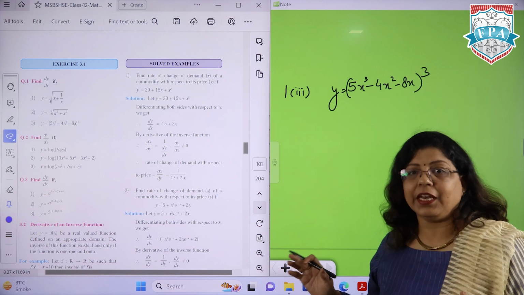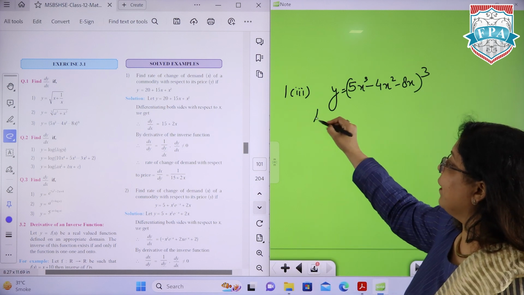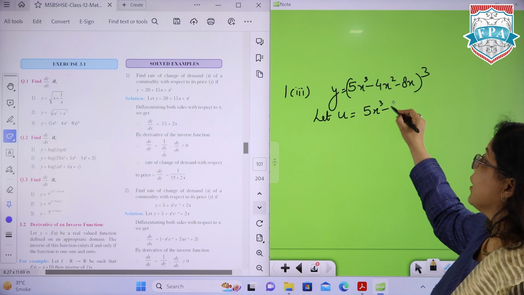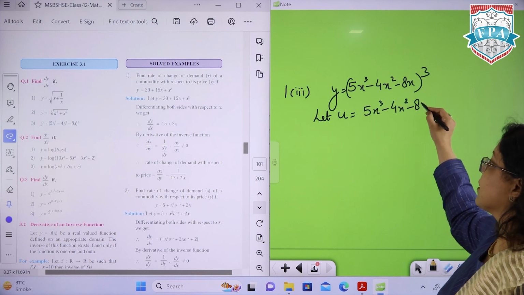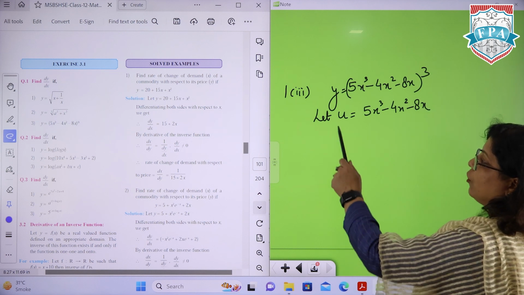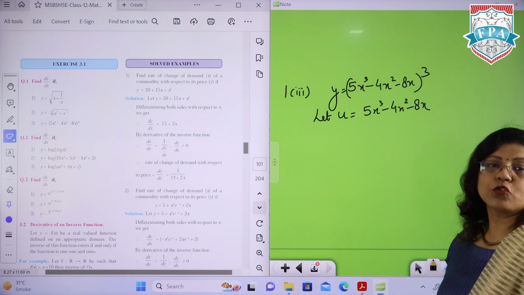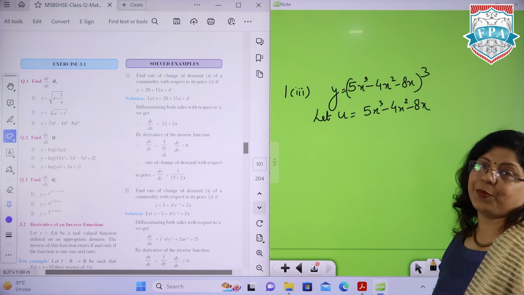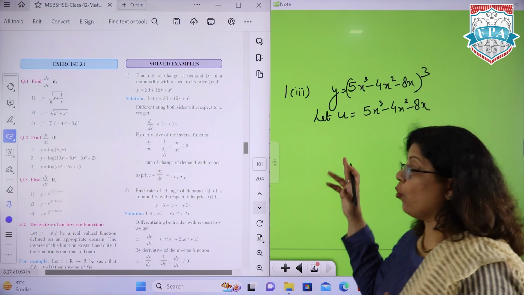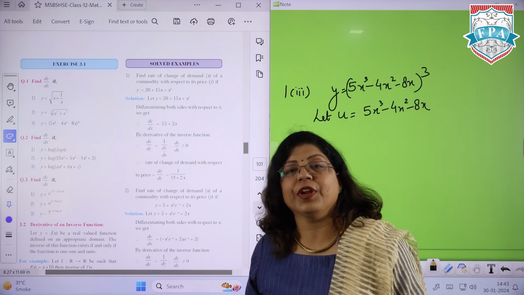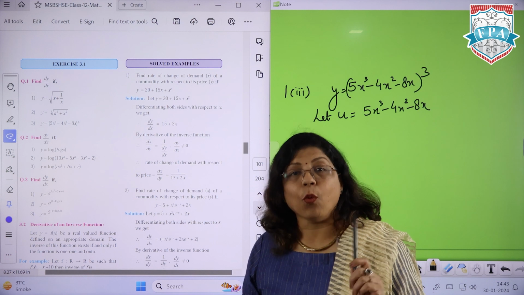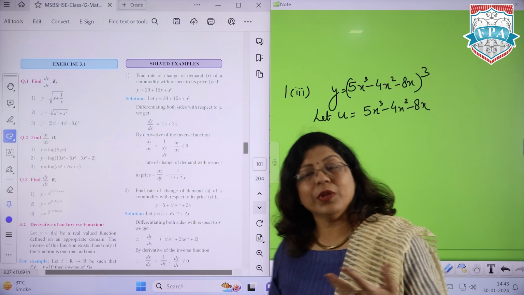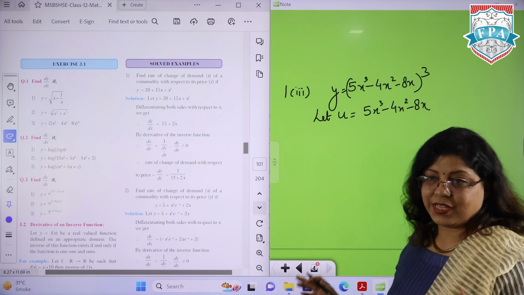So mathematically, we can go with: let u is equal to 5x cube minus 4x square minus 8x. Now we can see that u is a function of x, so we can calculate du by dx by differentiating with respect to x. There's a trick over here: in the examination, whenever you are differentiating, it is required to write the statement "differentiating with respect to x." With respect to, WRT, works; they accept that.